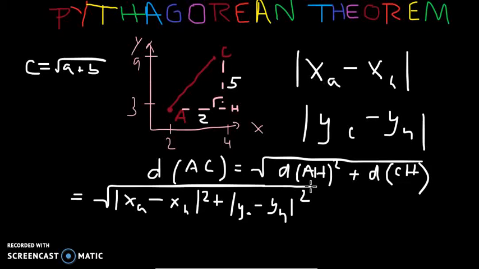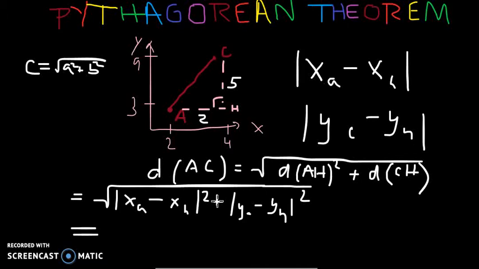Okay, so now let's talk about these squares that we have right here. Actually, I'll add the square right here just so you can see this a little better. So we took the square root of c squared and the square root of a squared plus b squared. And that's exactly what we have over here, but we have these absolute values. And really, if we're squaring a value, it's going to come out to a positive number no matter what. So these absolute values are not going to be necessary in our final equation. So we can just change those to parentheses since we're squaring it.